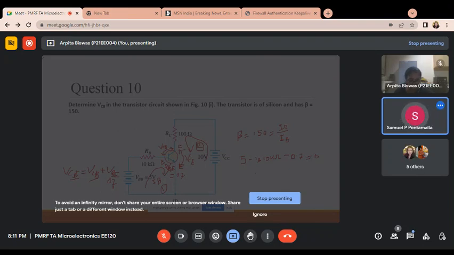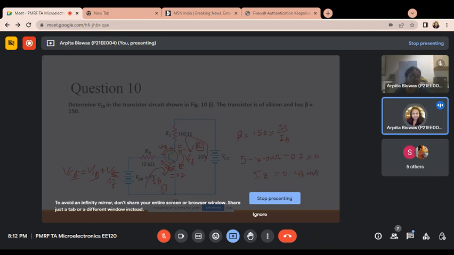I see how to find it. So IB equal to 0.43 milliamps.